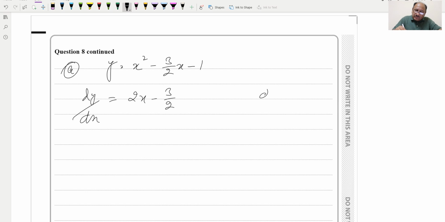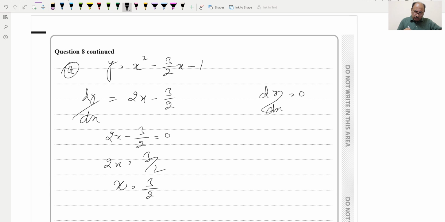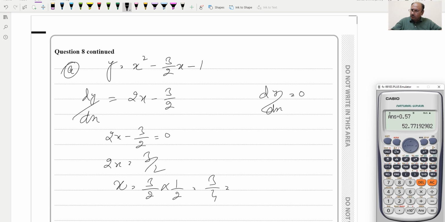Now we know for a stationary point dy by dx is equal to 0. So 2x minus 3 by 2 equals 0. So 2x will be equal to 3 by 2. This implies x is equal to 3 by 2 into 1 by 2, which is equal to 3 by 4, and 3 by 4 we can write as 0.75.